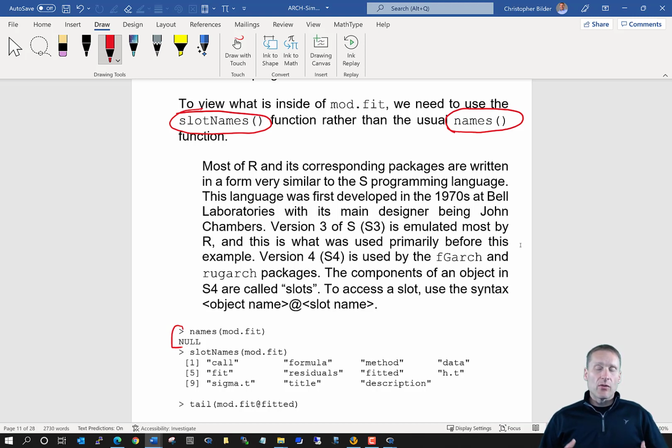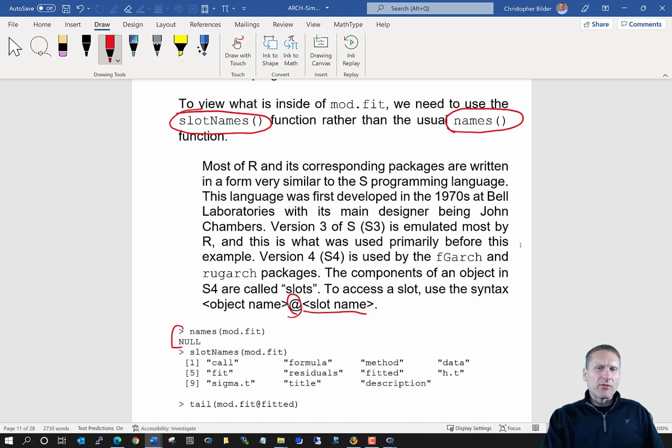Because of this different form, some basic functions like names was replaced with slotNames. And sorry, I should also mention that the stuff that's after @ is no longer called a component. It's now called a slot.